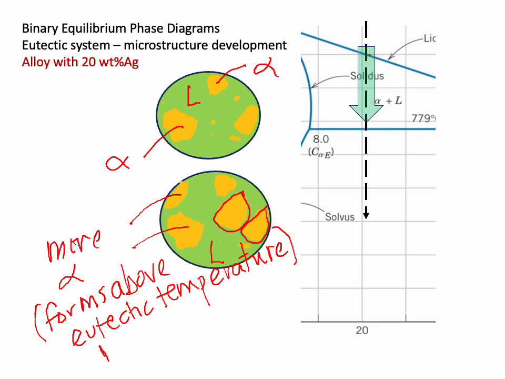So it's called pro-eutectic alpha. That's this alpha, pro-eutectic alpha. Alpha that formed above the eutectic temperature.